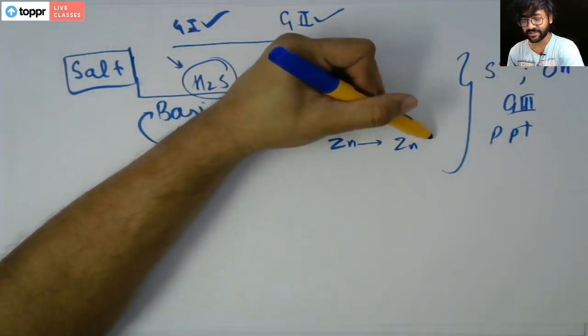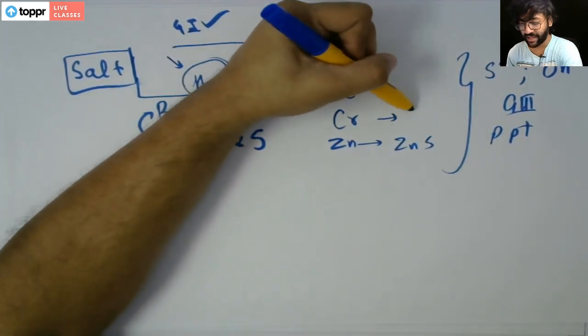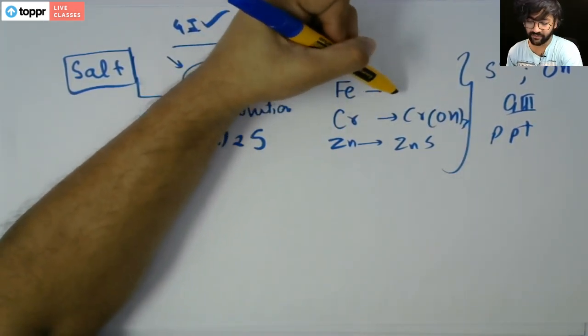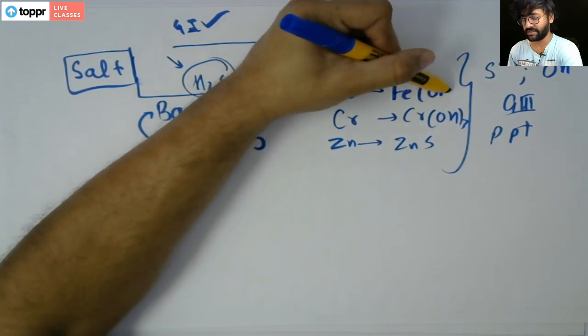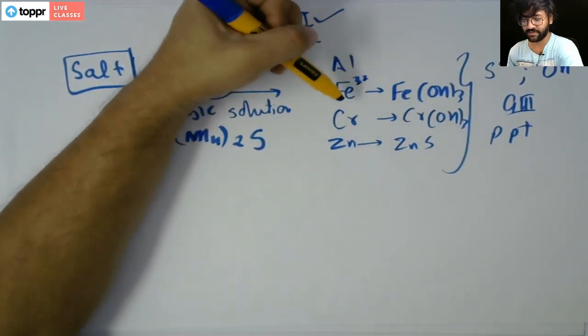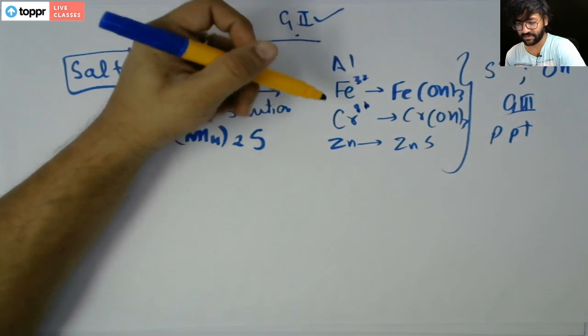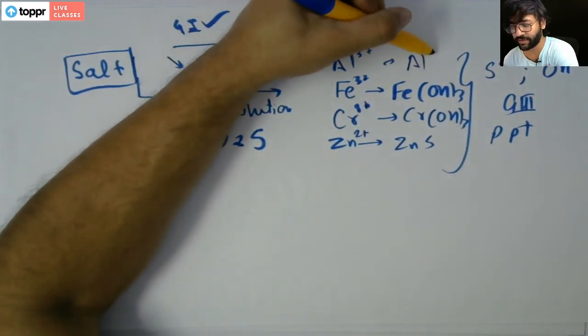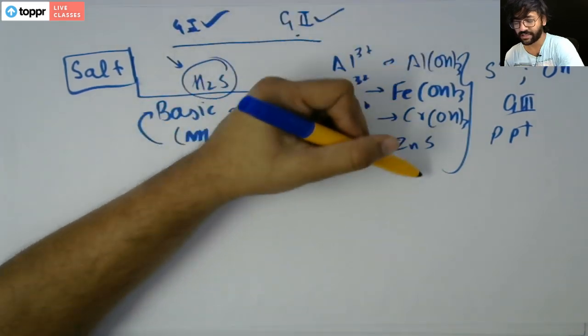For zinc we'll have zinc sulfide, for chromium we'll have chromium hydroxide, for iron we'll have ferric hydroxide, Fe3 plus, Cr3 plus, Zn 2 plus, and aluminium 3 plus as aluminium hydroxide.